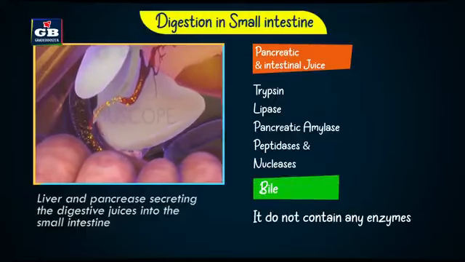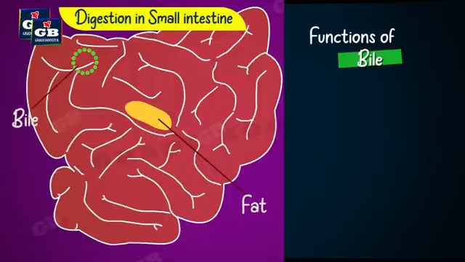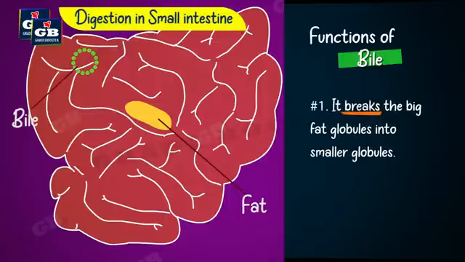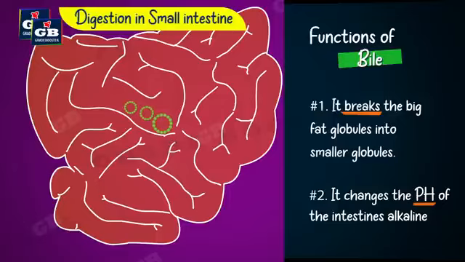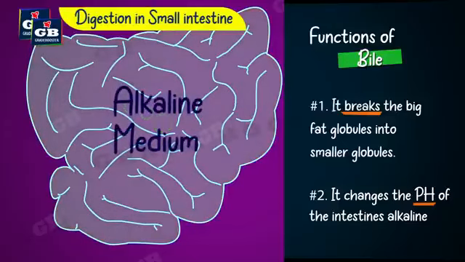Bile does not contain any enzymes, but it does 2 important things. 1. It breaks the fat globules into smaller globules, so that the action of enzymes on fats becomes easy. 2. It changes the pH of the intestines to alkaline, because the digestion of fats and carbohydrates takes place in alkaline medium.